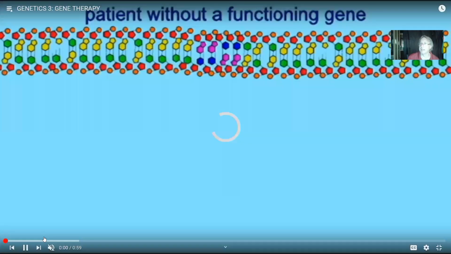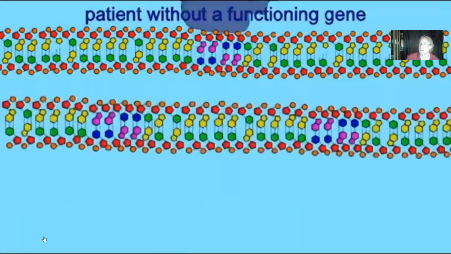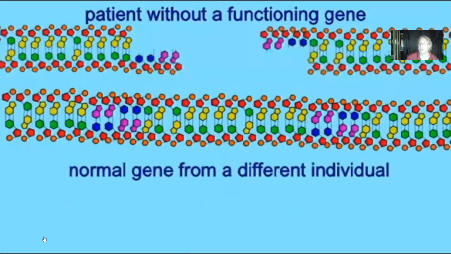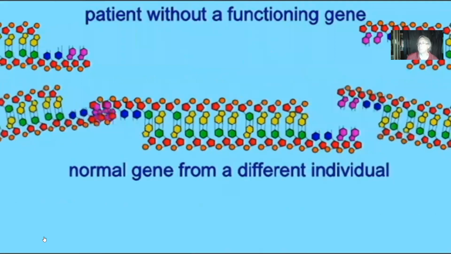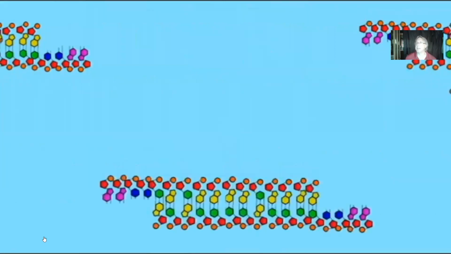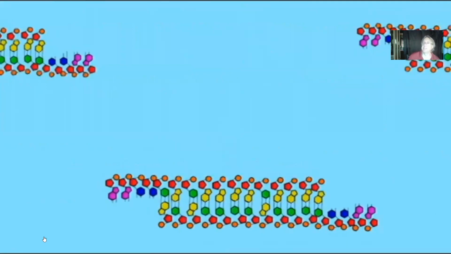And as a result, their life might include more suffering, or their life might be considerably shorter than it otherwise would be. But if you could add a new gene, it might mean that they are now cured, that they no longer have a genetic disease. So this is a successful treatment. Or more commonly, it might not be a cure, but it might make the individual better.